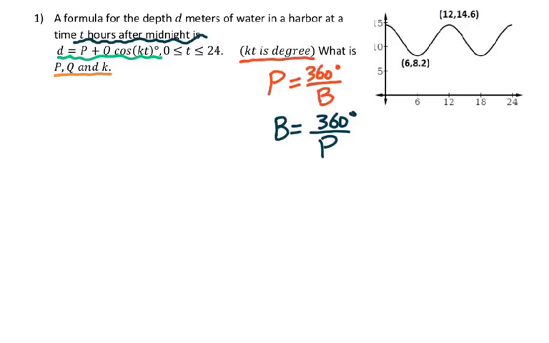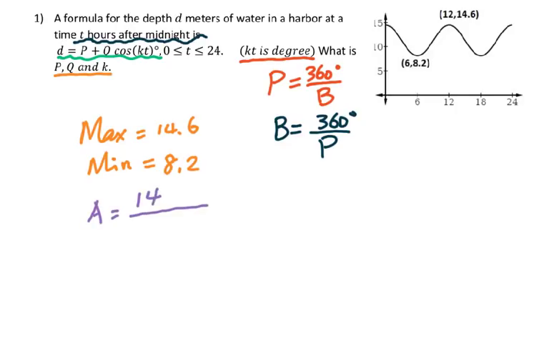First of all, using our steps, we need to figure out that maximum equals 14.6 and minimum equals 8.2. Therefore, for amplitude, we do 14.6 minus 8.2 over 2.